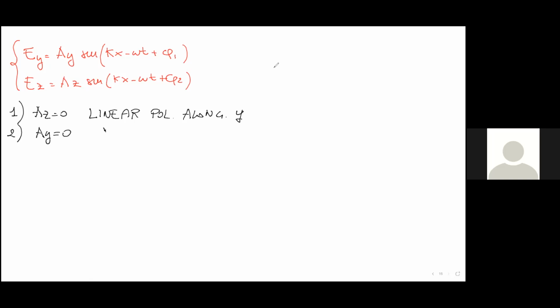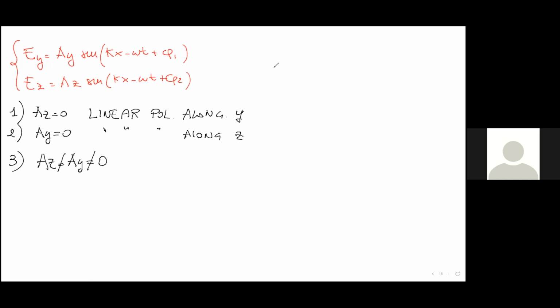Then you have linear polarization along Z. The field is horizontally polarized. Okay? Then you have a third case. And the third case is AZ different from AY different from 0.